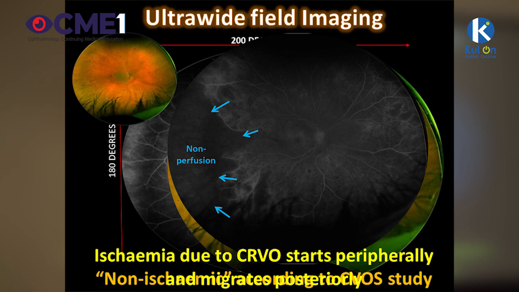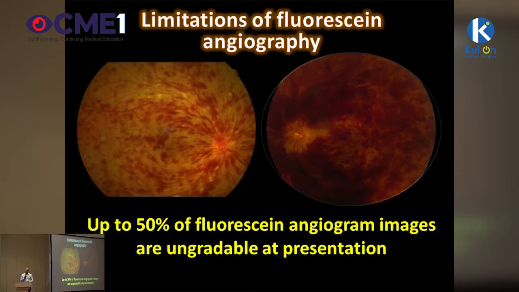So this is in fact ischemic. So this is one example of how Optos imaging or ultra-wide field imaging has changed central retinal vein occlusion. The important thing to remember about central retinal vein occlusion is that the non-perfusion and the ischemia starts in the periphery and it works itself towards the center.